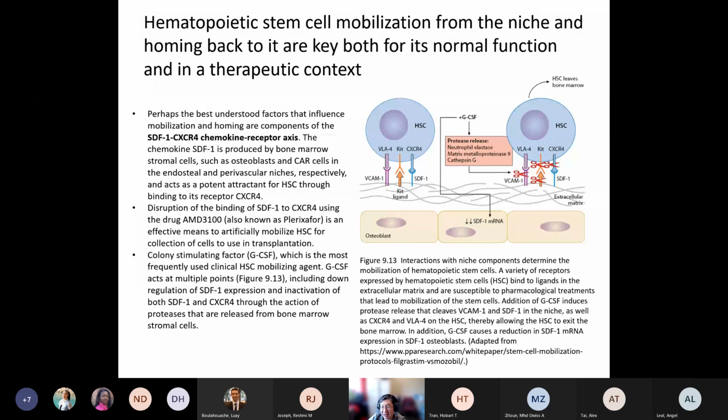Now you can collect the cells. You have a donor, you want to motivate the cells so they go out of the bone marrow, and now you can collect the cells for transplantation. But there are additional factors like G-CSF, the colony stimulating factor. They also play a role in disrupting this interaction, therefore getting the cells motivated.